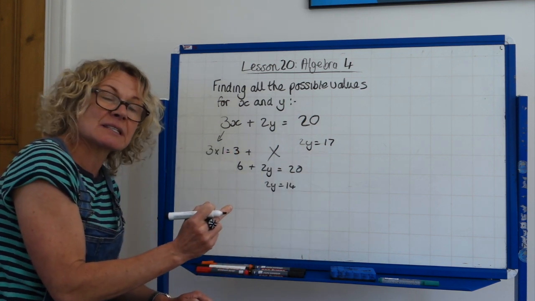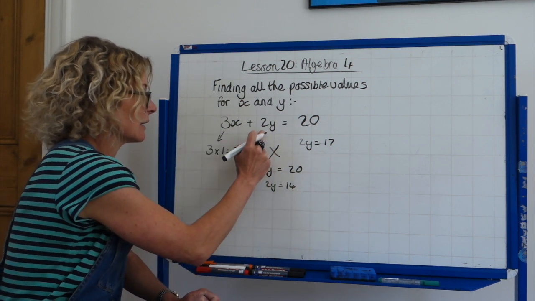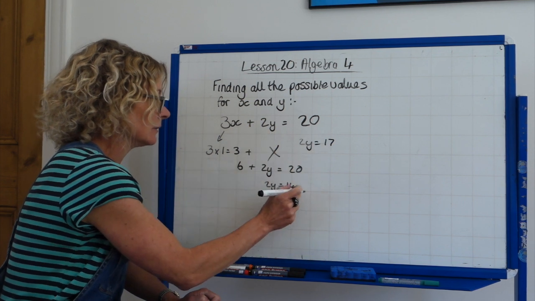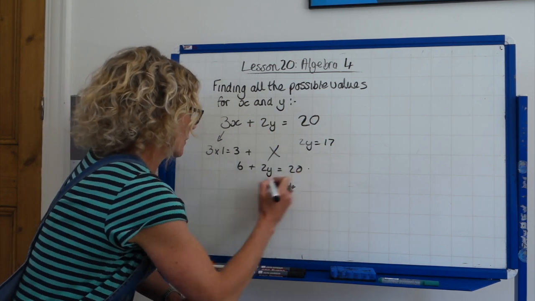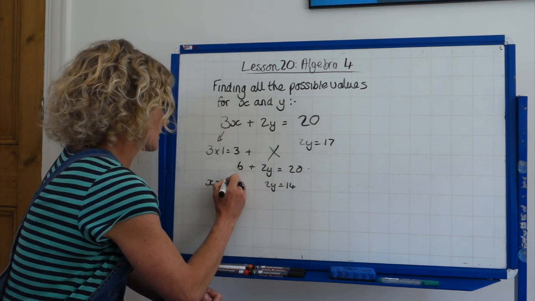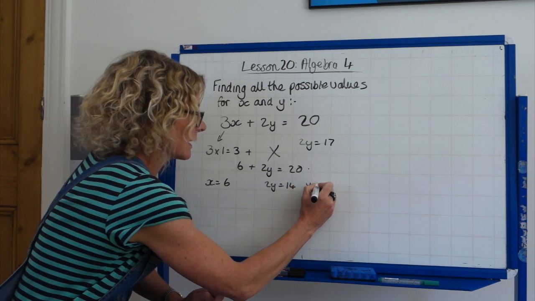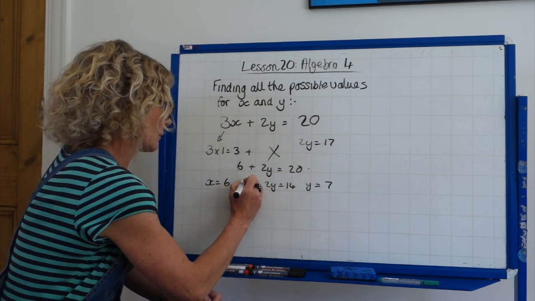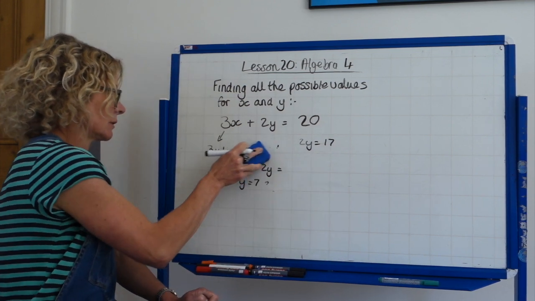That is possible, isn't it? 2 times 7. So if x equals 6 and y equals 7, you're going to get to the 20. So that works. 2y equals 14, so y equals 7. So that actually does work.